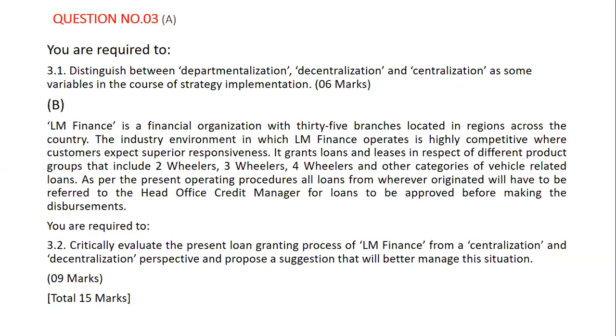So now, strategy implementation is just to recall your theoretical understanding. Once you set directions for your organization, where you want to go, once you do stock-taking and see where you stand, then how do you get there?